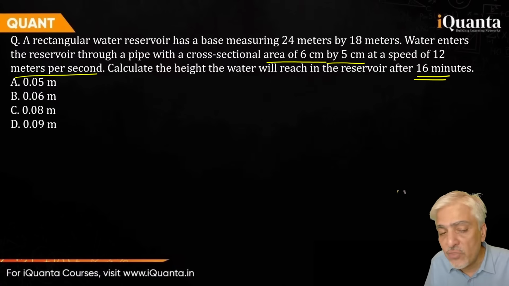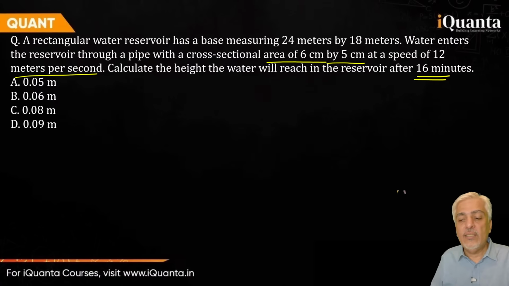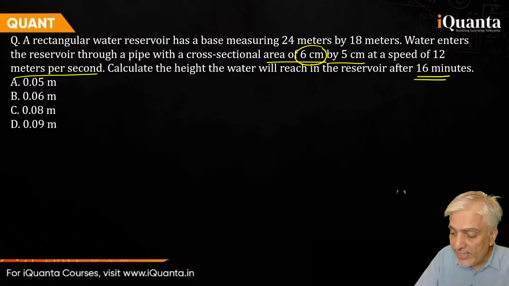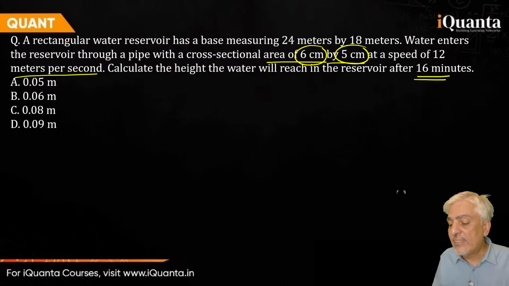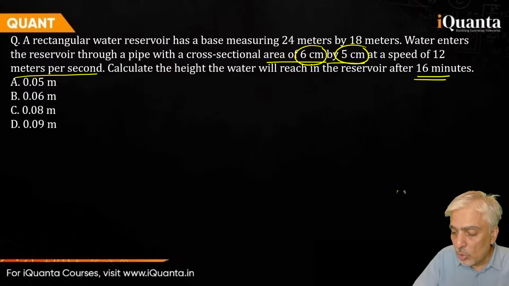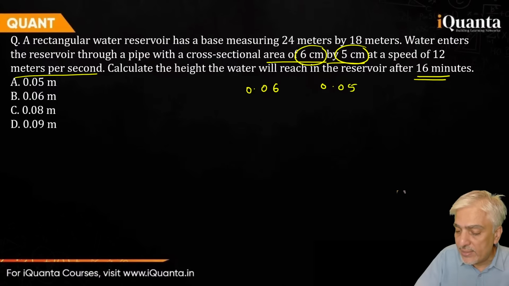Now, pay attention very carefully. Only one thing is in centimeters, everything else is in meters, and the answer asked is in meters. So let's convert those centimeters to meters. 1 meter is 100 centimeters. So the pipe's dimensions are 0.06 meters and 0.05 meters.